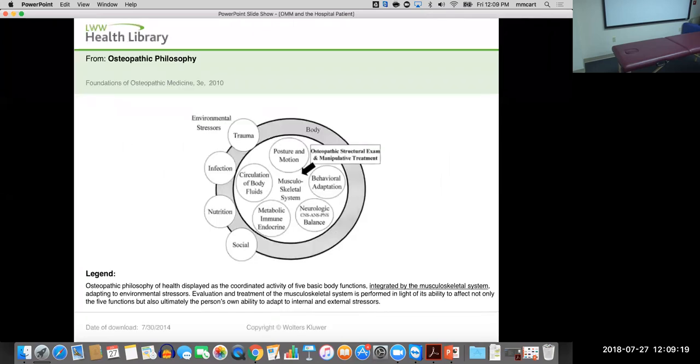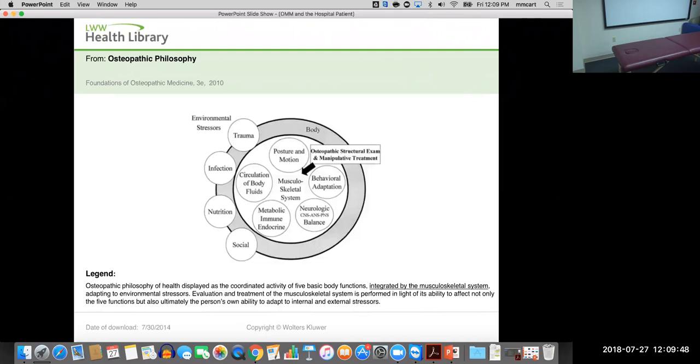They did come up with this five element model, five areas of looking at it. So here you have your overall musculoskeletal system, and we're saying that the musculoskeletal system can be significant in how the individual manages environmental stresses such as trauma, infection, poor nutrition, social problems.